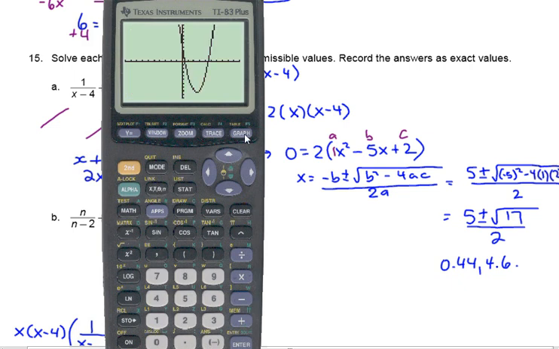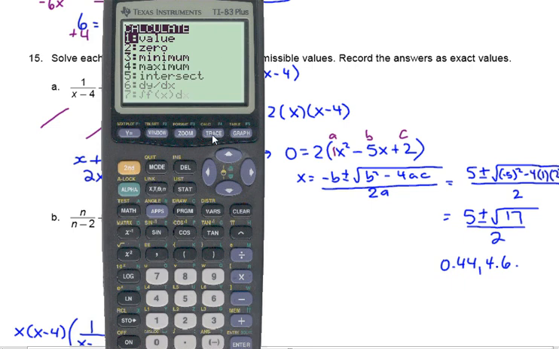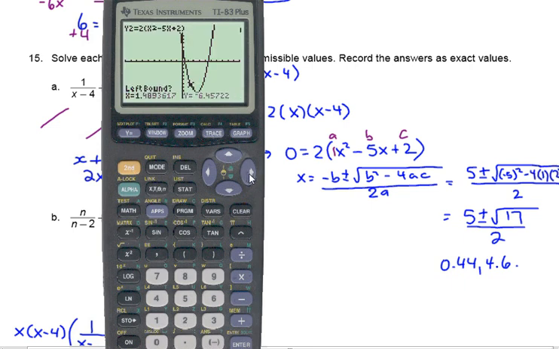The intersection with the x-axis, our zeros, which is second trace number 2. We can go left side, right side, and guess. Okay, so that gives you 0.44, and then you get the other zero. Left side, right side, guess.